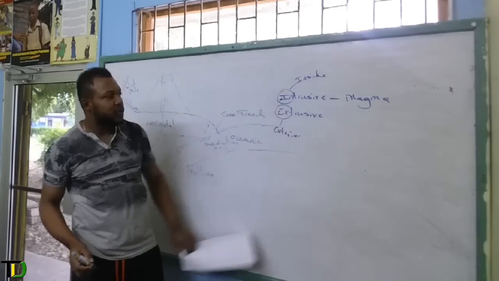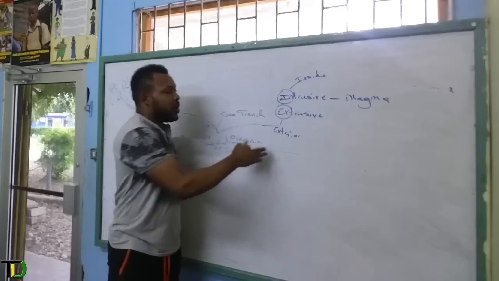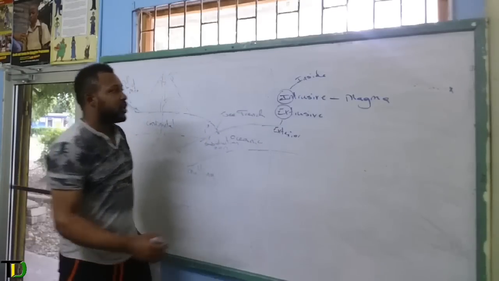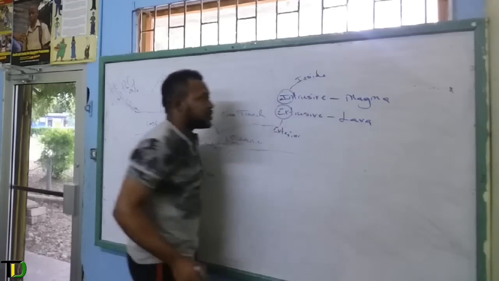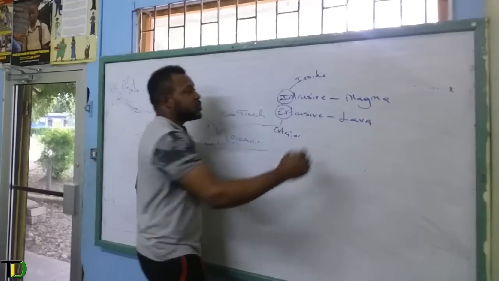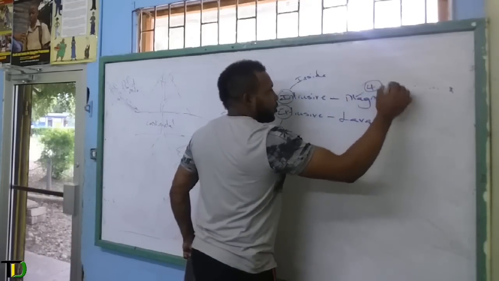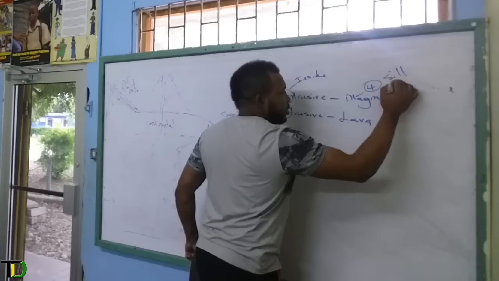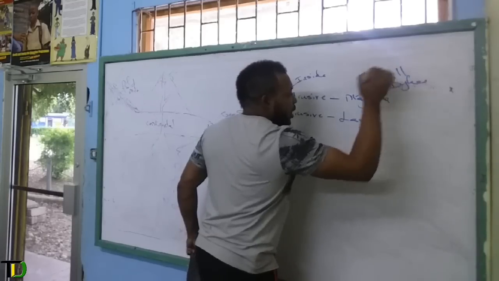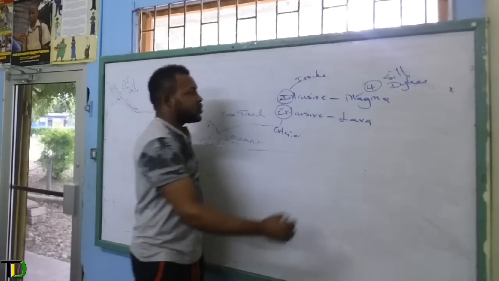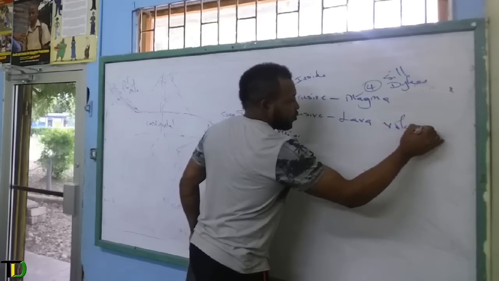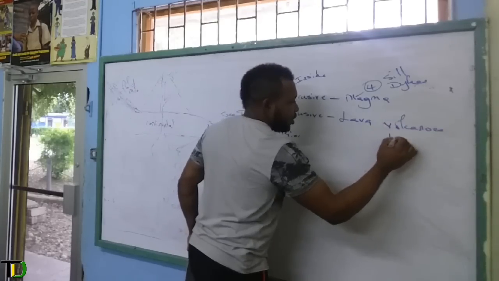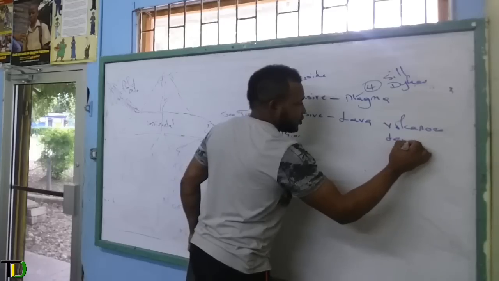Extrusive volcanic features are formed when magma reaches the Earth's surface, becomes lava, cools and hardens. If it is intrusive, we have 4 of them: sills, dikes, laccoliths, batholiths. Extrusive features we have volcanoes, we have lava plateau.